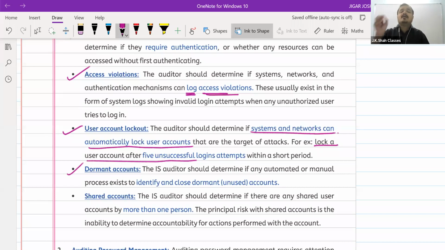And that is called, people, a dormant account. A dormant account refers to an inactive account. So obviously, as an IS auditor, it is your responsibility to see whether the system is creating proper dormant accounts or not. Understood? Yes, sir.